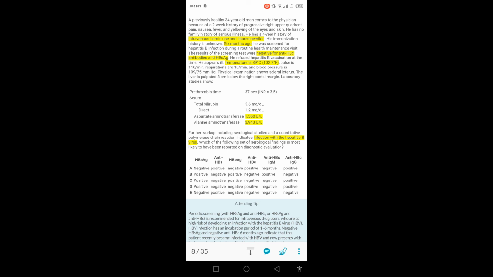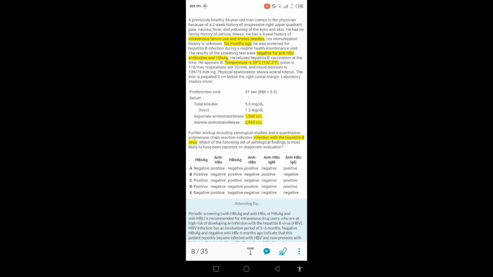So the patient has negative hepatitis B surface antigen, negative anti-HBs, positive hepatitis B E antigen. That is, the patient has some replication and anti-HBe is not formed yet and anti-HBc IgG is positive. So the patient is in chronic infection. Again, this patient could progress to resolved infection, or the chronic infection can progress to fibrosis and cirrhosis.